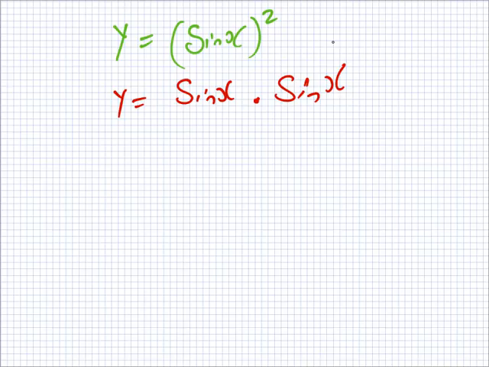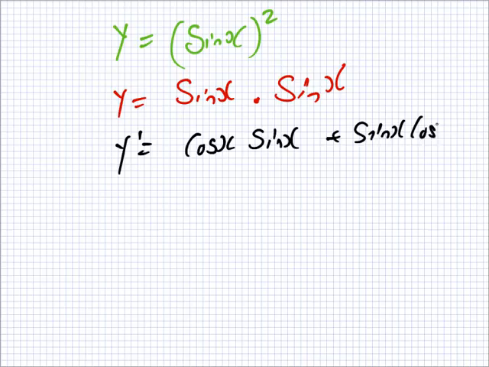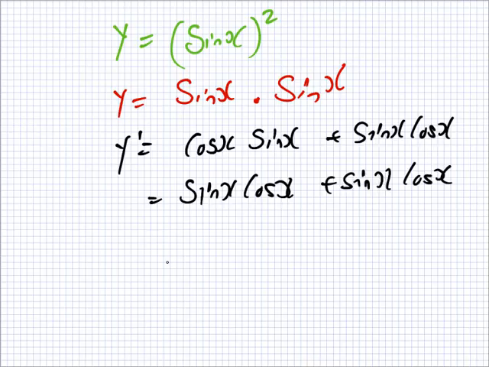So for the questions with a square, just do that, then use the product rule. So for example here, it would be cos x sine x plus sine x cos x. So that's sine x cos x plus sine x cos x. So actually it will be 2 sine x cos x.